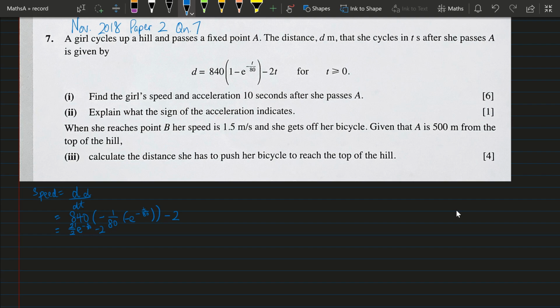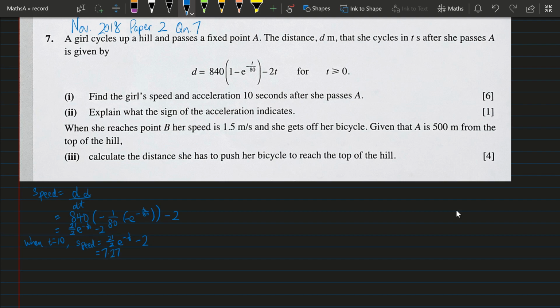So when t goes to 10, speed will be equal to 21 over 2 e to the power of negative 10 over 80, negative 1 over 8, minus 2. I'm not really sure if you can leave it in this form, but if you just want to play safe, please round off your answer to 3 significant figures, which would give us 7.27.